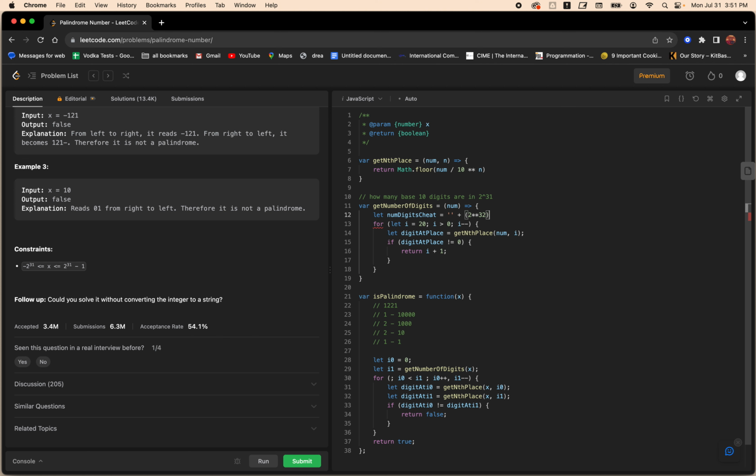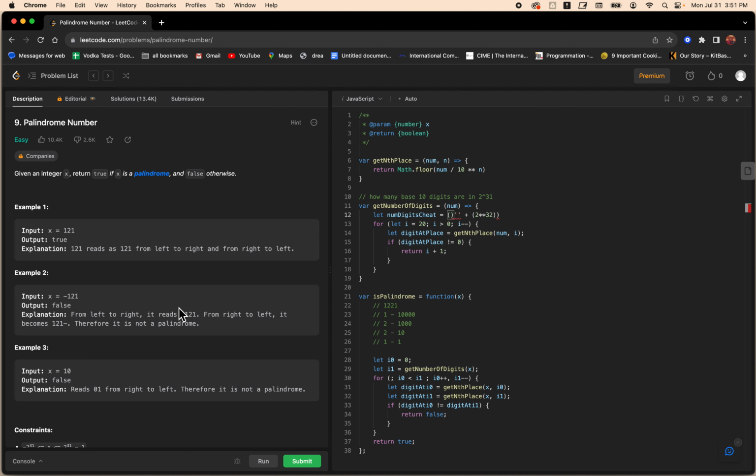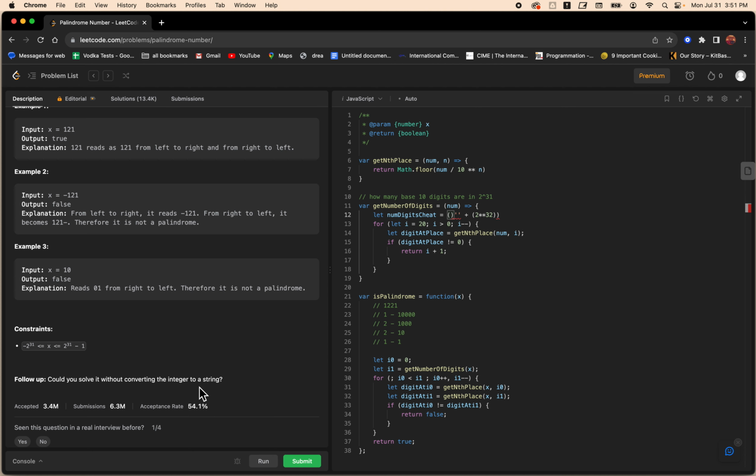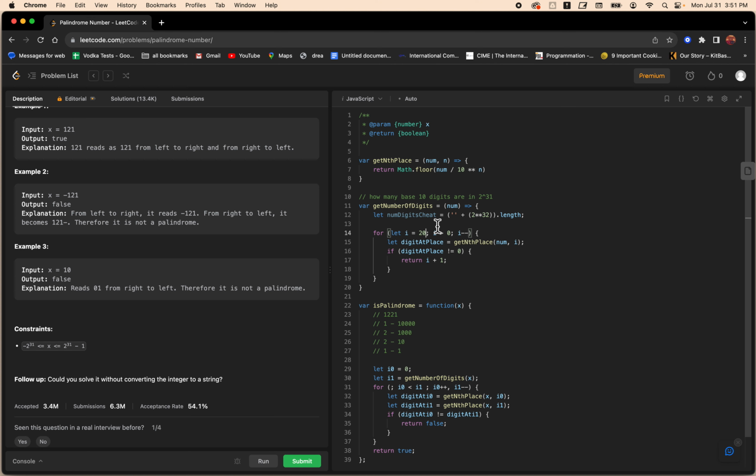Look at me cheating. Cheating so cheatily. But I'm not really cheating because it says, can you do it without converting the input integer into a string? I'm not converting that into a string. I'm just converting 2 to the 32 into a string. Okay, dot length. All right. So that's my cheat. And then num digits cheat.